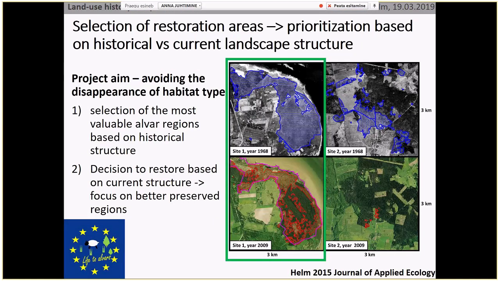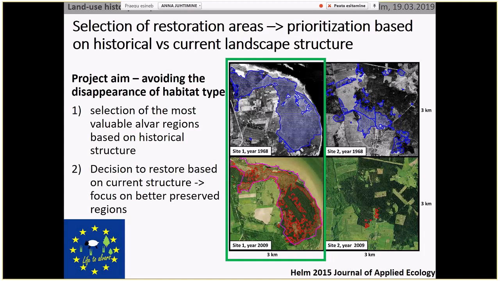However, if to recall how we selected areas for this large-scale restoration project, then we used the prioritization based on the historical landscape structure. When we started this project, we were in fear that this particular calcareous grassland habitat type disappears in Estonia. It was very rapidly overgrowing everywhere, and there was very little management in the remnants of these habitat types.